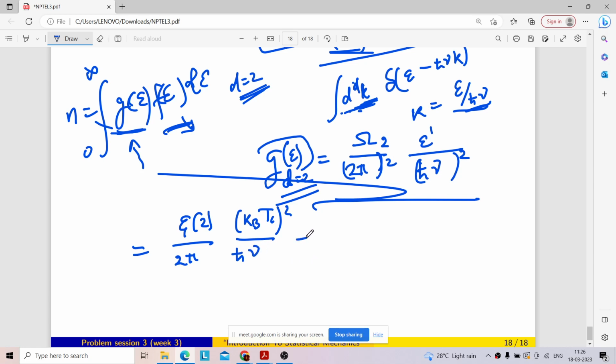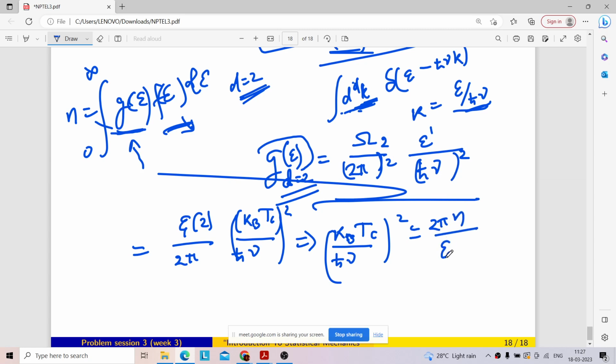From this, I can get the relation for kb tc over h cross nu, the whole square, as 2 pi n over zeta of 2.